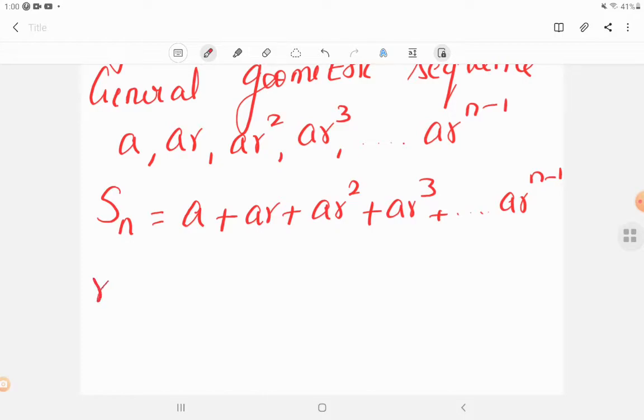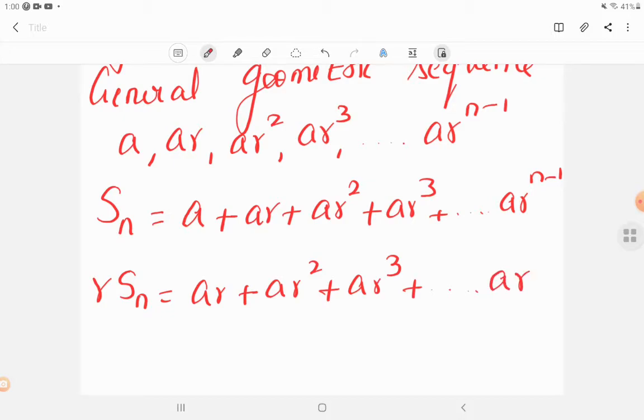When you multiply the whole equation with r, you get r times Sn is equal to ar plus ar square plus ar cube and so on. So this will end with ar to the power of n.